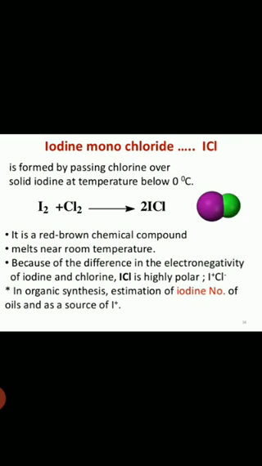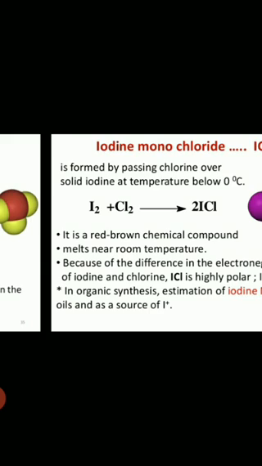This compound is a red-brown chemical compound and it melts near room temperature. Because of the difference in electronegativity of iodine and chlorine, ICl is highly polar, I+ and Cl-. In organic synthesis, for estimation of iodine number of oils, and as a source of I+, iodine chloride is used.